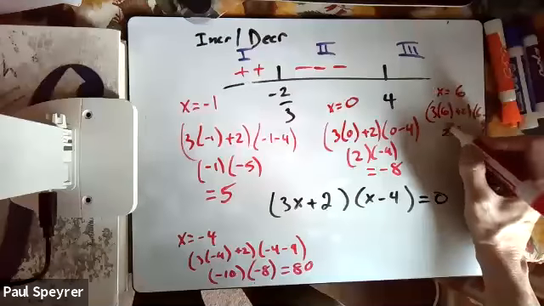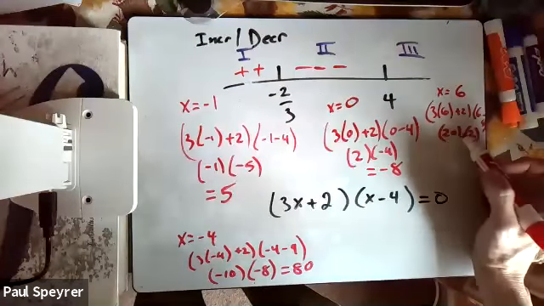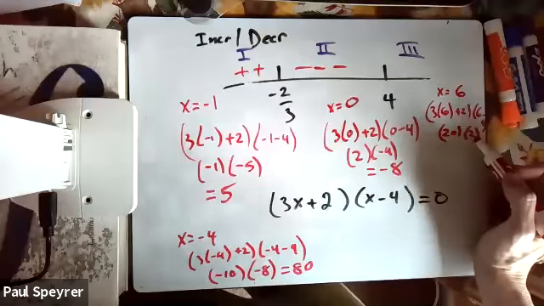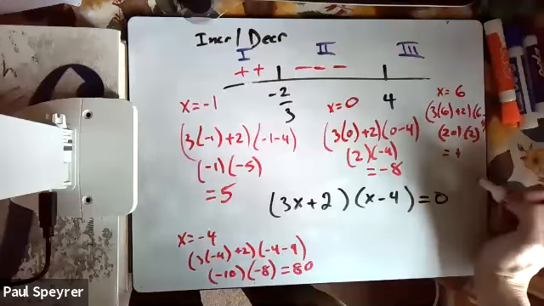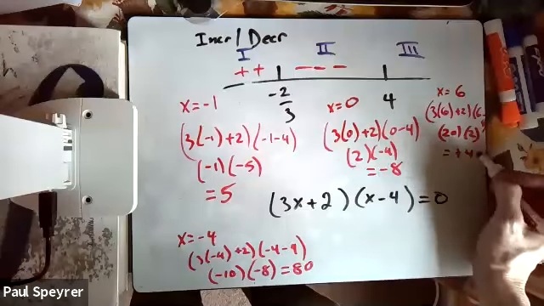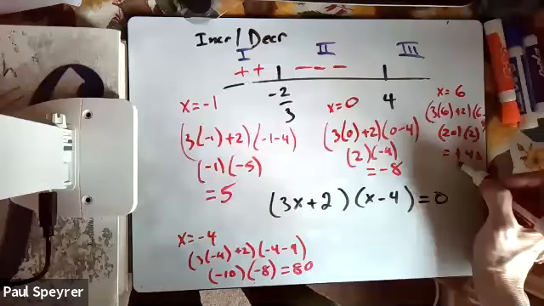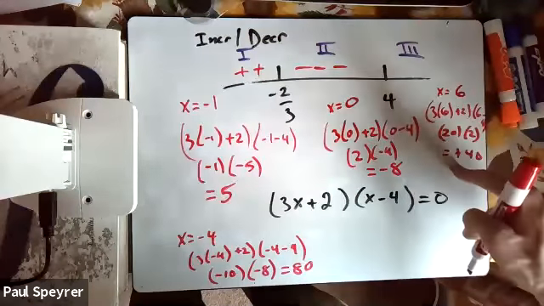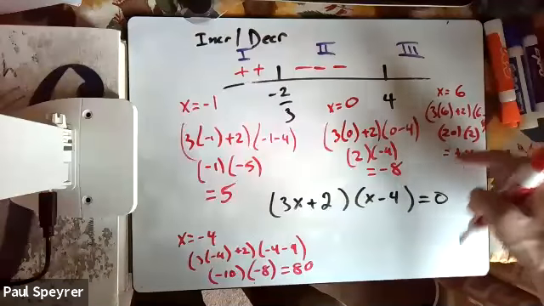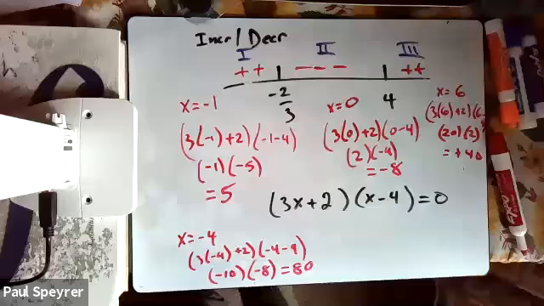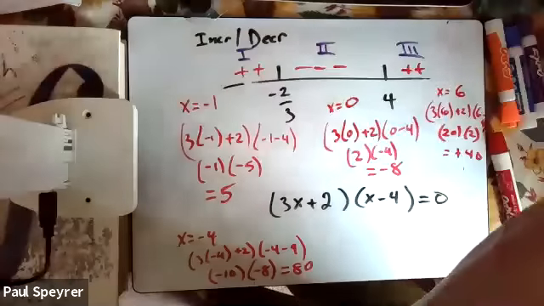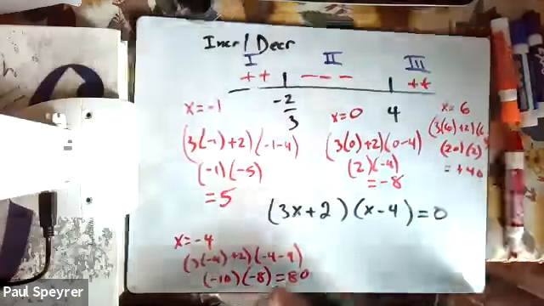This is 20 times 2. What if I didn't know 20 times 2 is 40? It doesn't matter. You just go, oh, positive times positive. That's a positive, right? So you can say the 40, but what matters is the sign. That's all you care about. Positive times positive is positive. So we know we have a positive slope from x equals 4 to positive infinity.